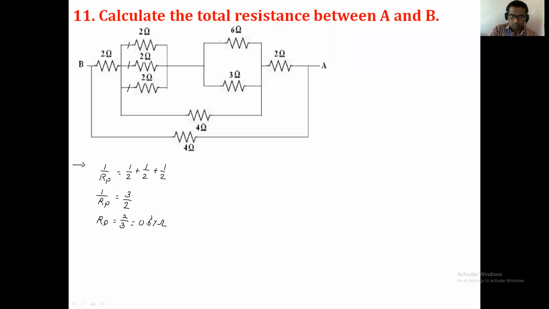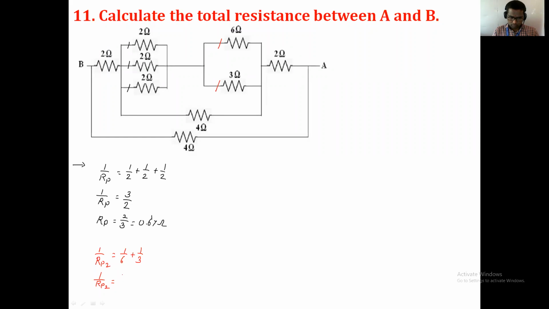Now if you see this 6 ohm resistance and this 3 ohm resistance, again they are in parallel. So I can write 1 upon Rp2 is equal to 1 upon 6 plus 1 upon 3. So 1 upon Rp2 is equal to, can you give me this value? 3/6, 1/2.